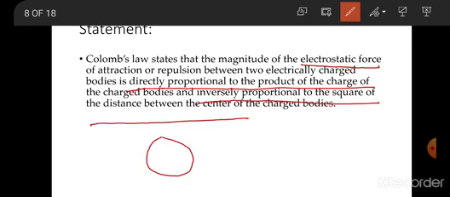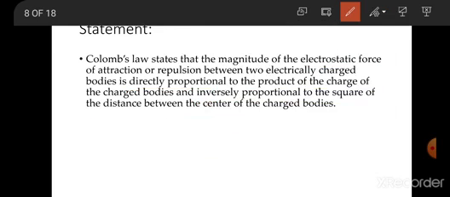So if there are two bodies, this is the center of the body, and we are measuring the distance between the two bodies from the center of the two charged bodies. So got the statement. I'll revise the statement again.